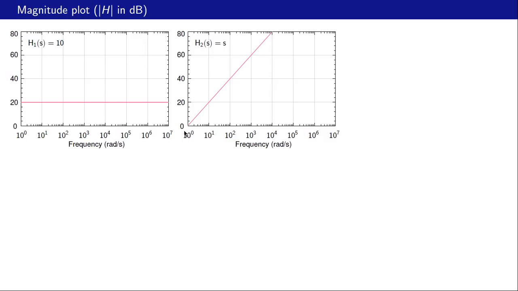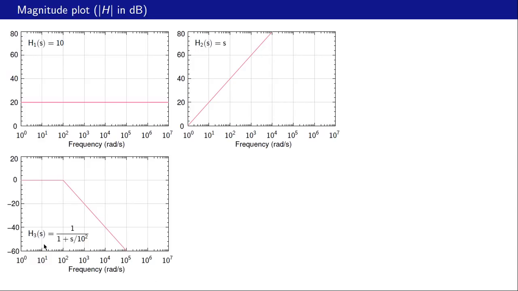So we know that the graph will go through this particular point, and we also know that h2 will increase as omega increases, and we know that it will do that with a slope of 20 dB per decade. So all we need to do now is to draw this straight line with a slope of 20 dB per decade. So as we go 1 decade in frequency, we go 20 dB in mod h.